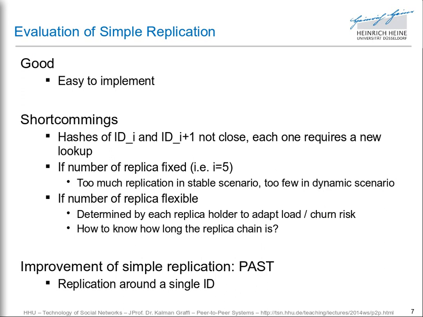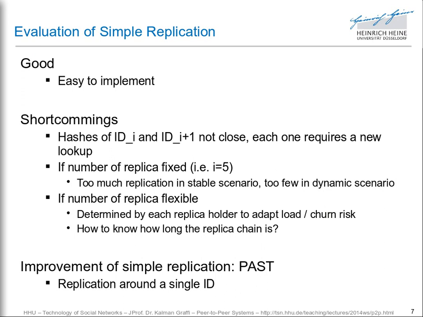Also, if the number of replicas is flexible, which is, for example, determined by each holder, he can adapt concerning the load or churn risk. Yes, and the main question of the flexible replicas is: how do I know when this chain is at its end?